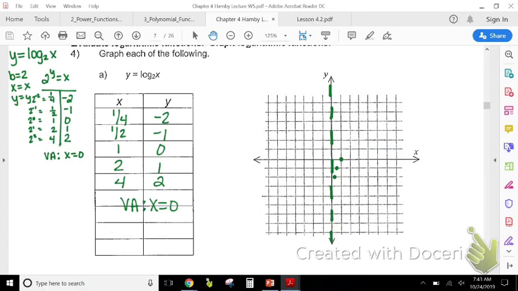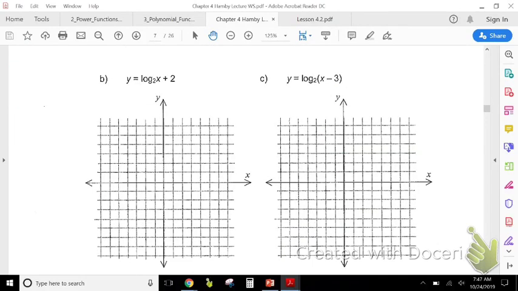Oh, that's wrong. And so there's my graph.